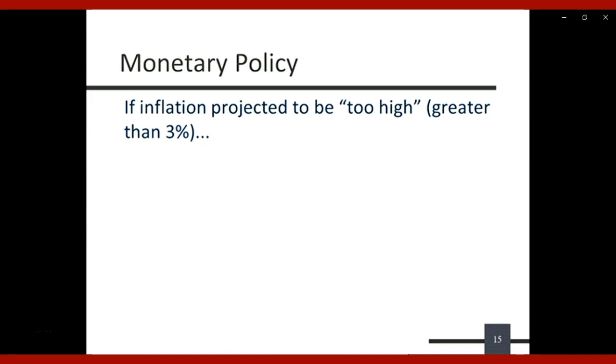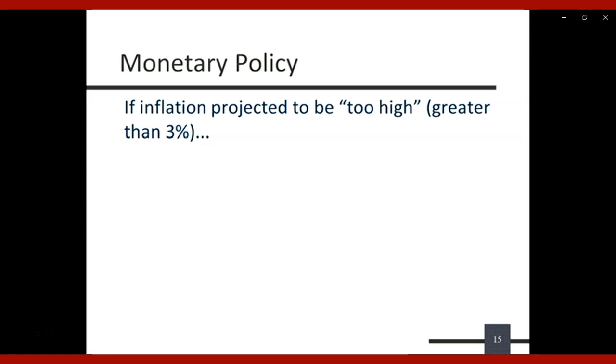Too high means more than 3%. If inflation's starting to crawl above 3% and it's not projected to go back down again, then the Reserve Bank will say, aha, we need to do something, because it's part of our job to keep the inflation rate in the range of 2 to 3%.